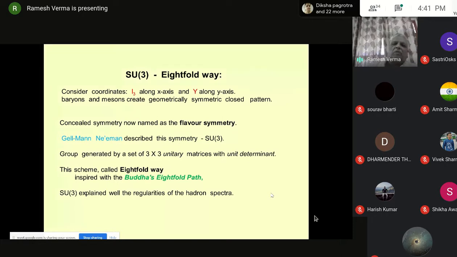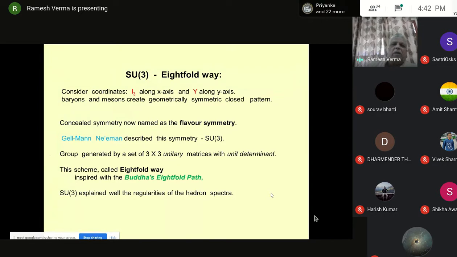Whatever we have of group theory, I have targeted. SU(3) theory is nothing but a group which is generated by a set of 3x3 unitary matrices with unit determinant. This scheme was called the eightfold way.